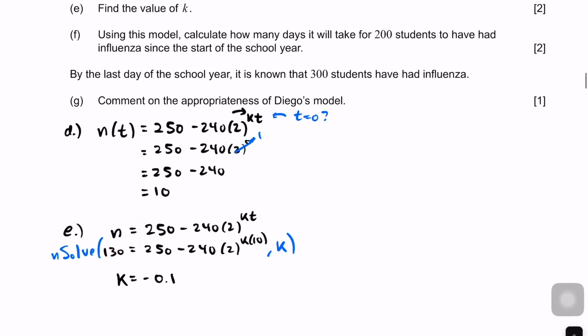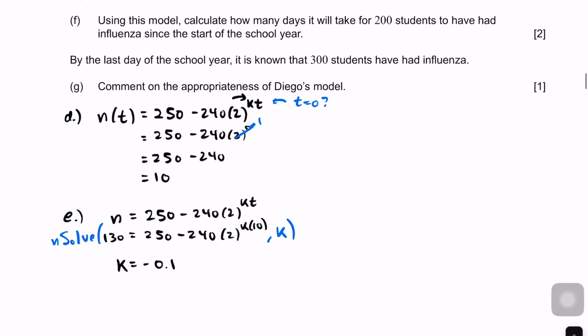Alright. Let's keep going. Using this model, calculate how many days it will take for 200 students to have had influenza since the start of the school year. Okay, so here we are with F. So we're beginning to build out this model.